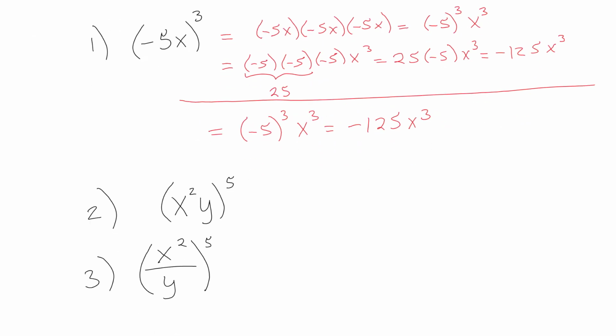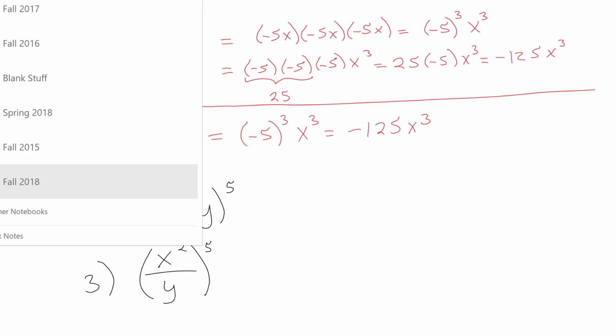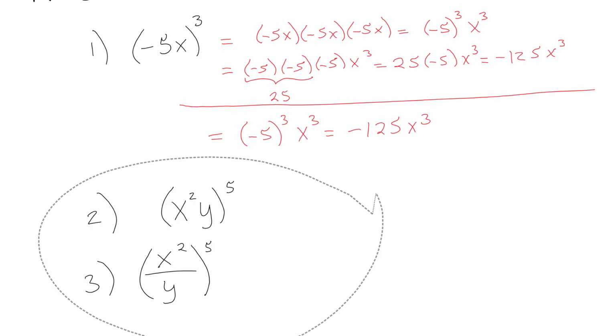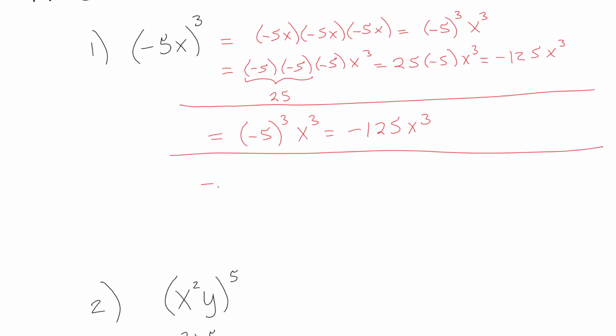And if you're like, well, how was I supposed to know that the negative goes in there? All right, so I'm going to do you one better. Let's do something kind of weird. And if you think this is going to confuse you, don't look at it. What you could do is put the -1 cubed, 5 cubed, and then the x cubed, if you wanted to separate the -5 into a negative and a 5.